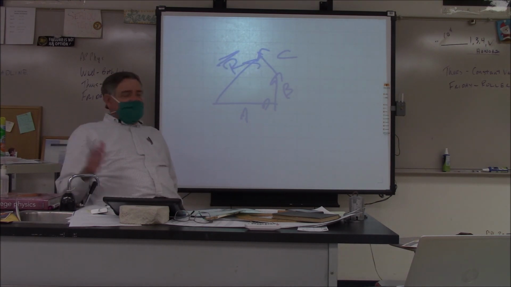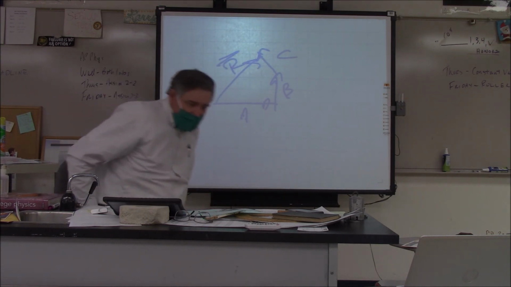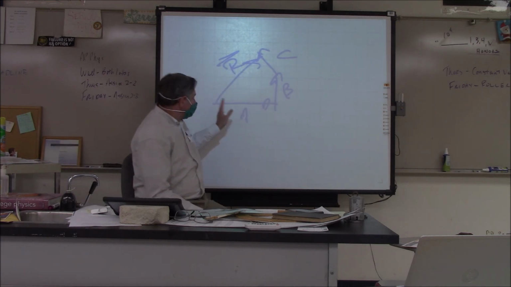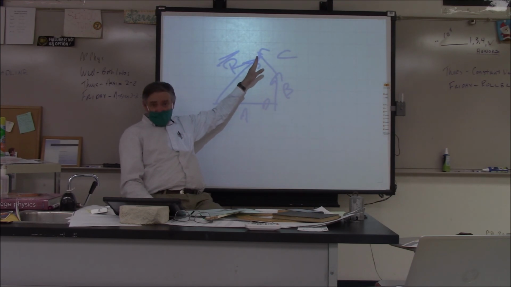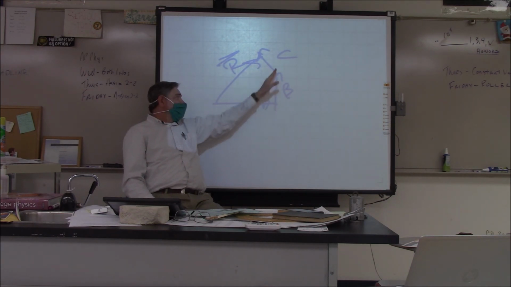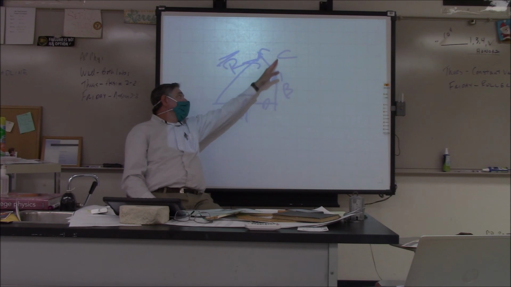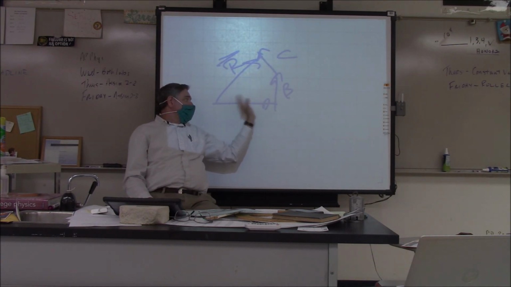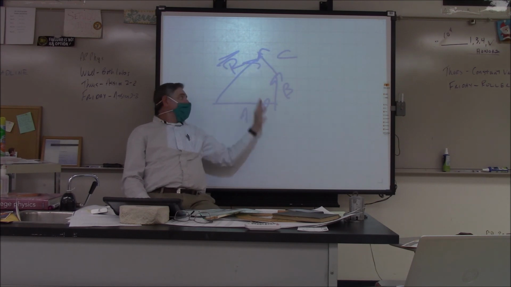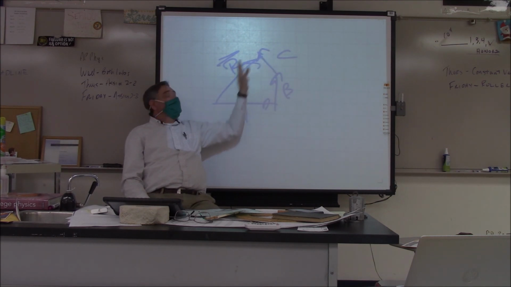The advantage of that sketch is that I know I'm going to have a positive x component of A, and a negative x component of C. I'm going to have a positive y component of B and a positive y component of C. So I'm going to have a positive x and a negative x, and two positive y's.